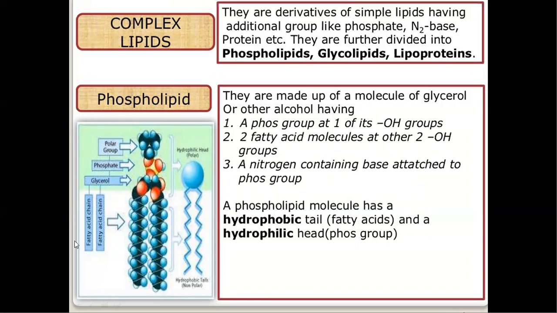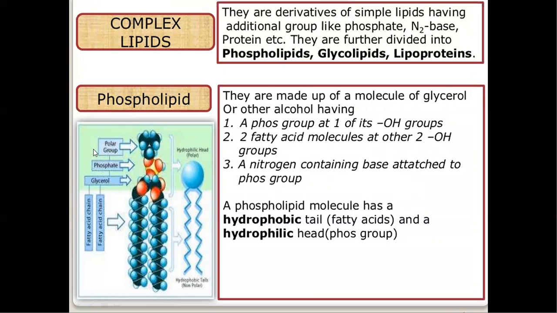This is the structure of phospholipids, which has two fatty acid tails and a head. The head and tail are present. The tail is made up of fatty acids, and the head is made up of three important groups: glycerol, phosphate, and a third one, a polar group containing nitrogen.